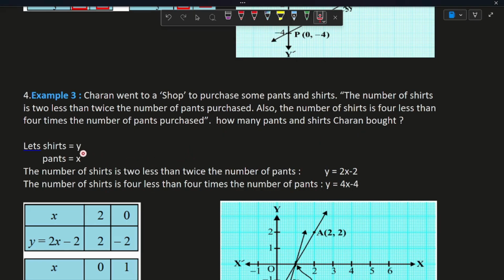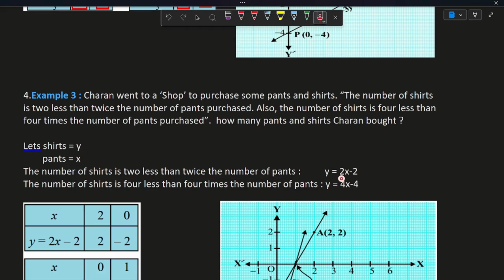For example, let's imagine shirts equal to y, pants equal to x. From the given data, we can say that the number of shirts is 2 less than twice the number of pants. We imagine the shirts as y.